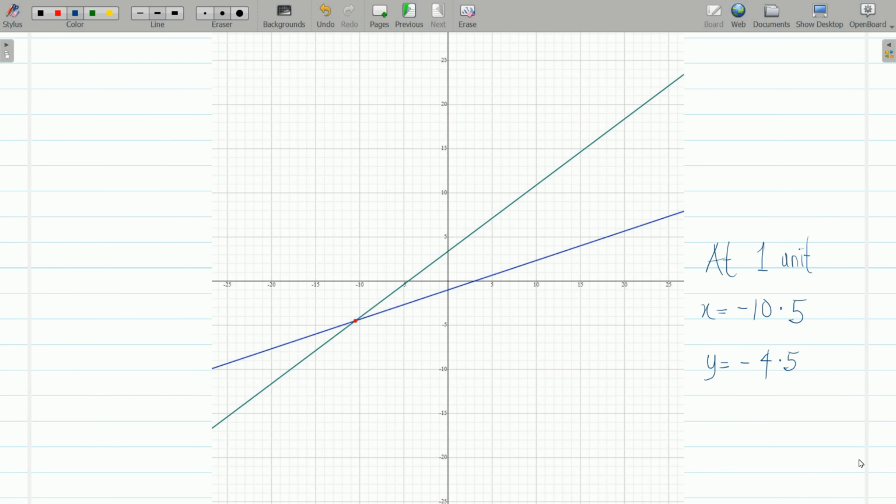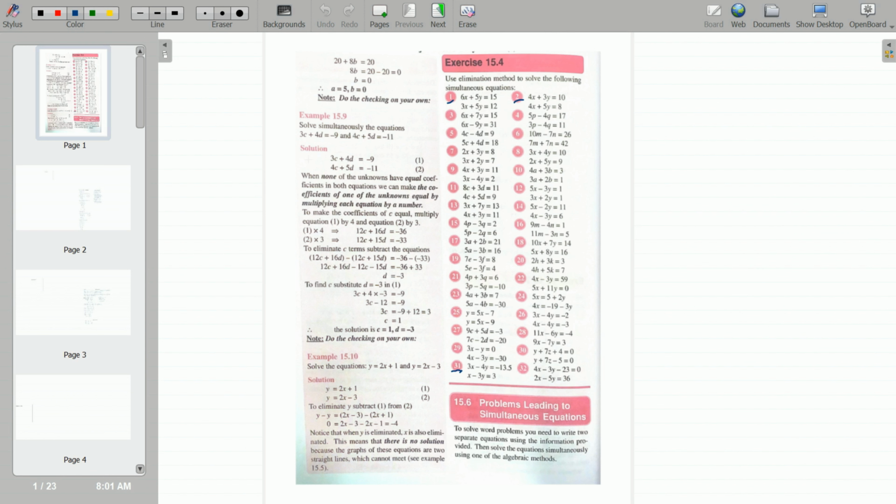Here is the graph. The y is minus 4.5 while the x is minus 10.5. Next is question 29.